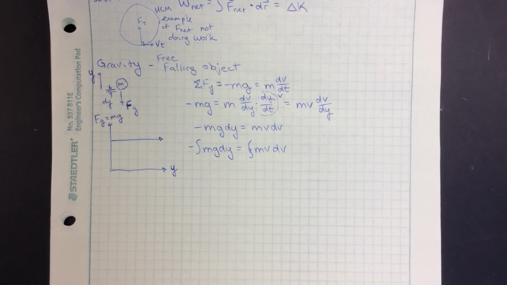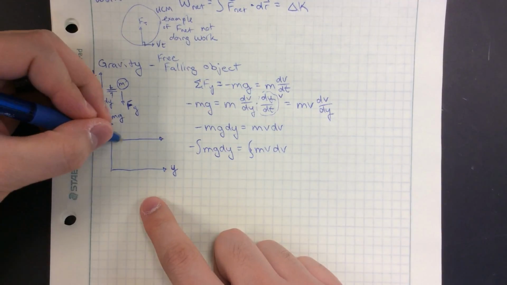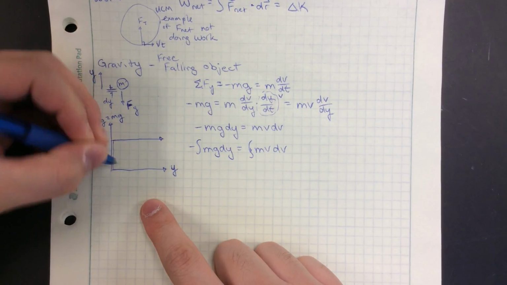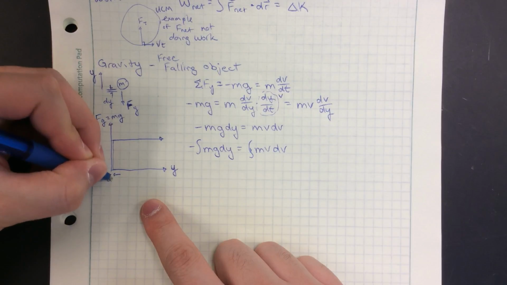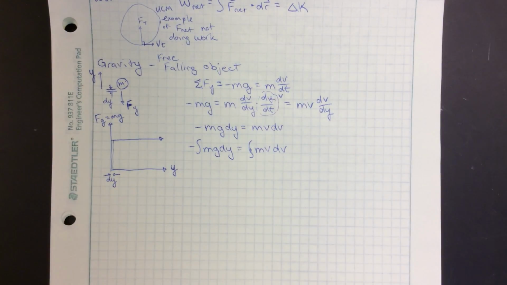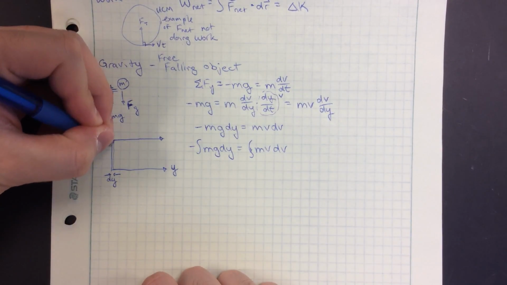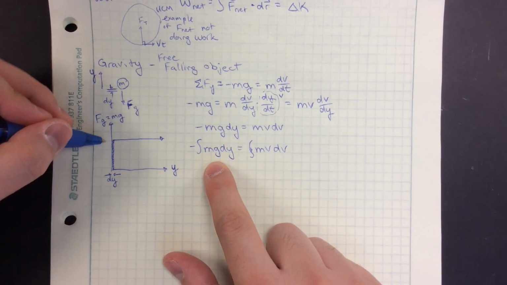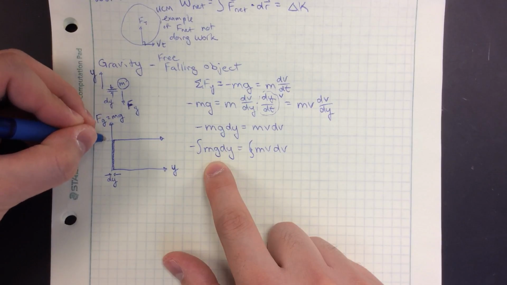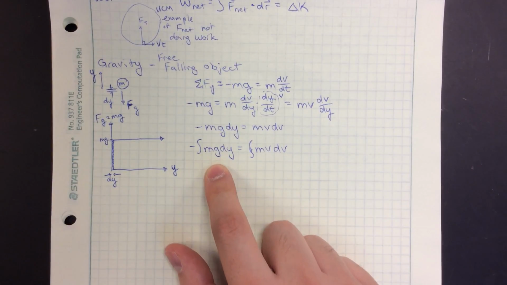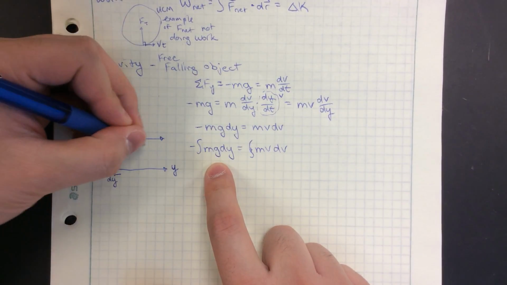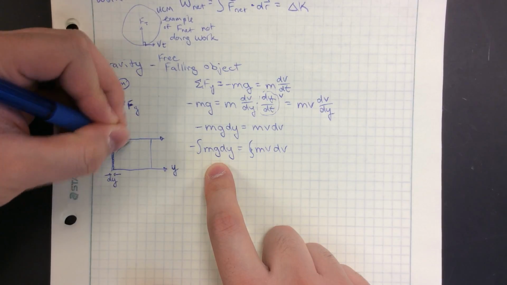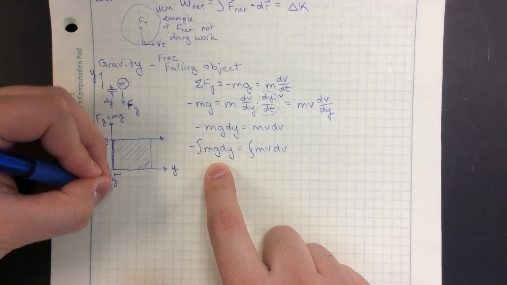It's flat. So we're saying that if you take a little slice of positional change, and you look at the area under this graph, the height of this area is mg. And to integrate is to take over a large amount of space.